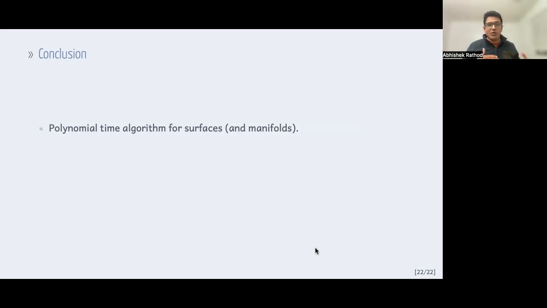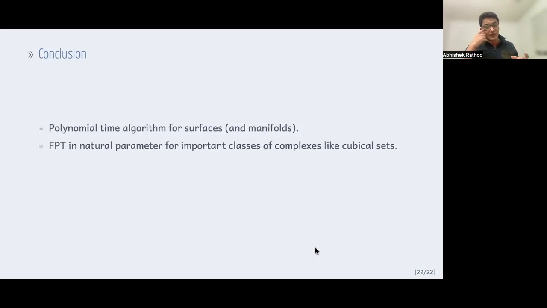For important classes of complexes like surfaces and manifolds, we have a polynomial time algorithm, and we also have an FPT algorithm in the natural parameter when the degree is small, and there are interesting families of complexes like cubical sets for which the degree is small.